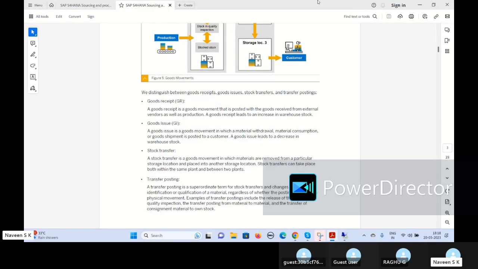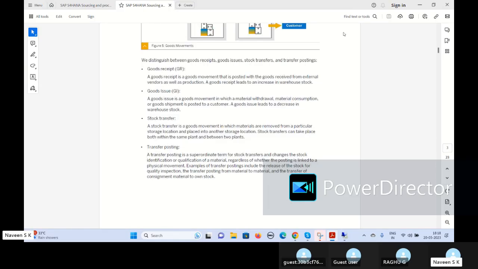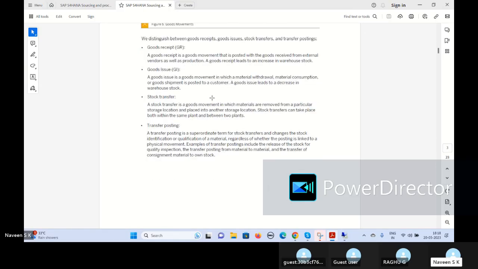Transfer posting is like posting the transfers. Here the movement may or may not be physical. Consider that we have a material in blocked stock in the same storage location.